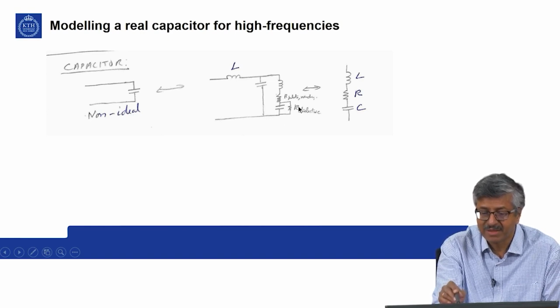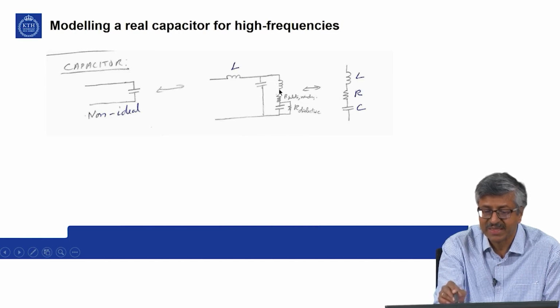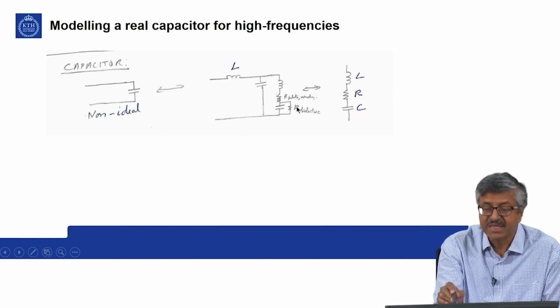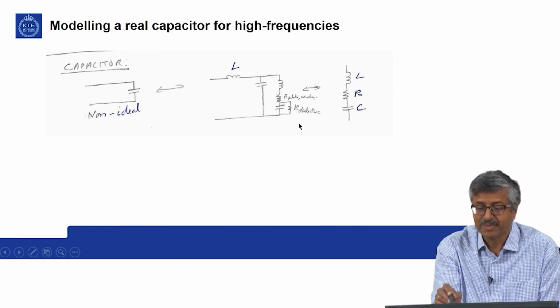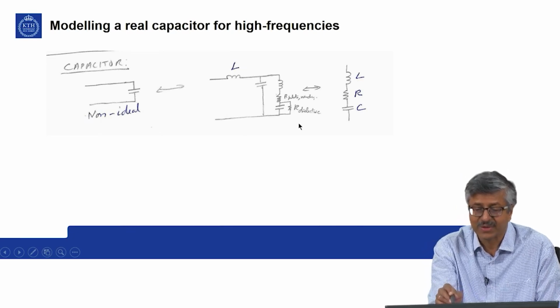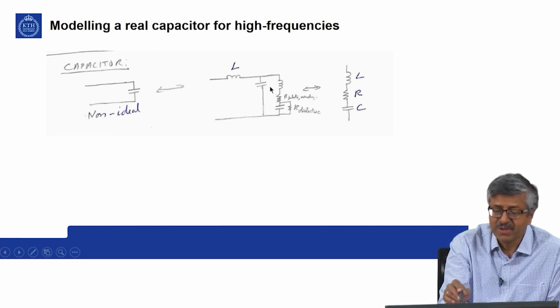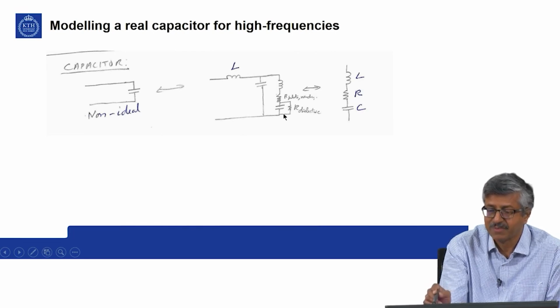Similarly, internally also you can have an inductance and the dielectric resistance of the capacitor across C, but that also is quite high. So, that also can be neglected. You can neglect some things in this because usually these capacitances have high values.